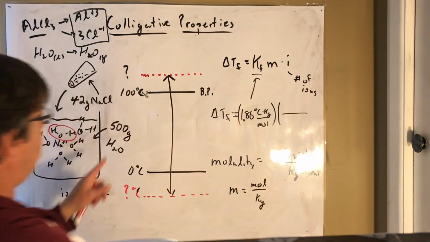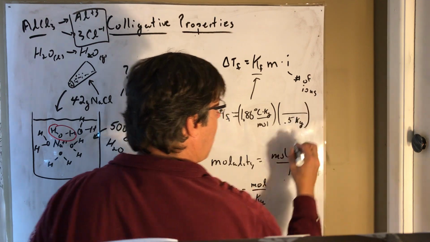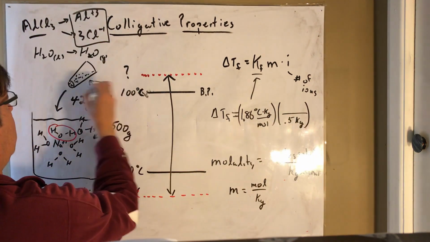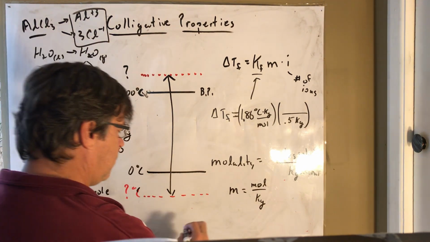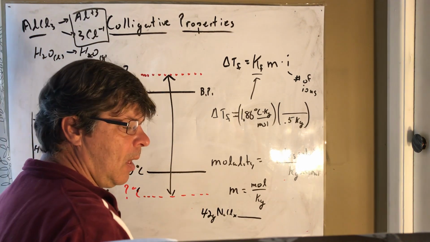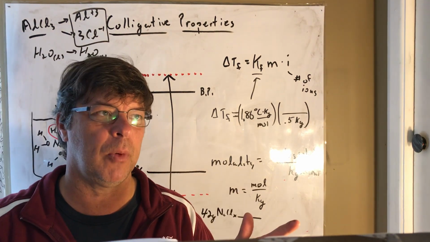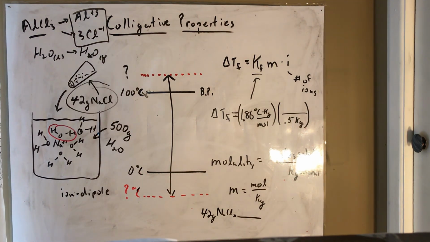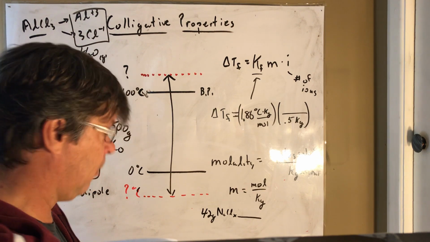So if you think about 500 grams, of course that's 0.5 kilograms. Now what we need to do is convert that to moles, all right? So 42 grams of sodium chloride. Let me get a calculator, okay? It's 22.99 plus 35.45, that's 58.44.